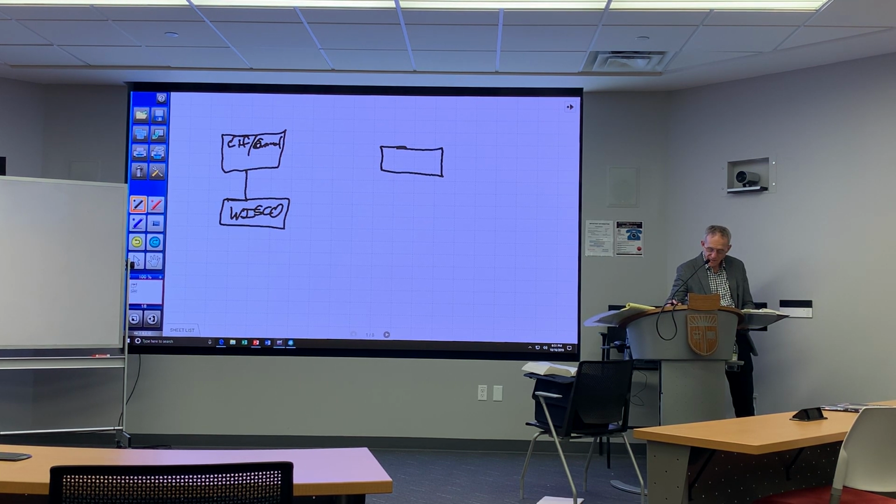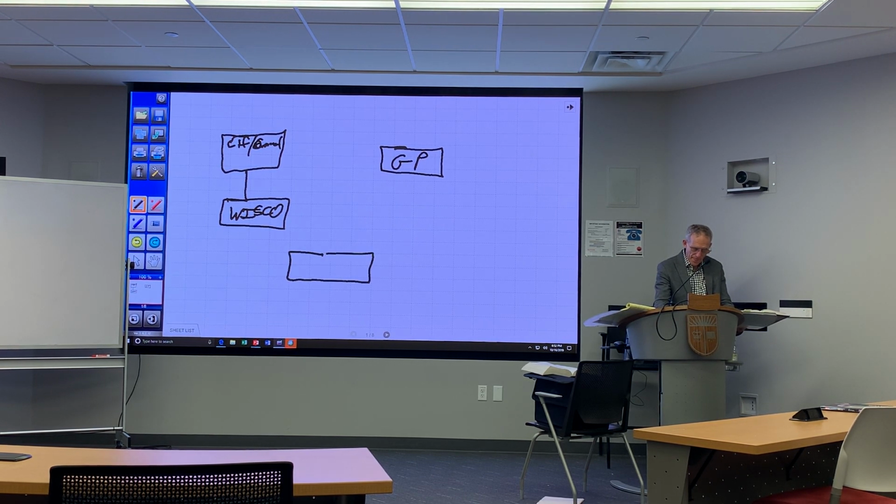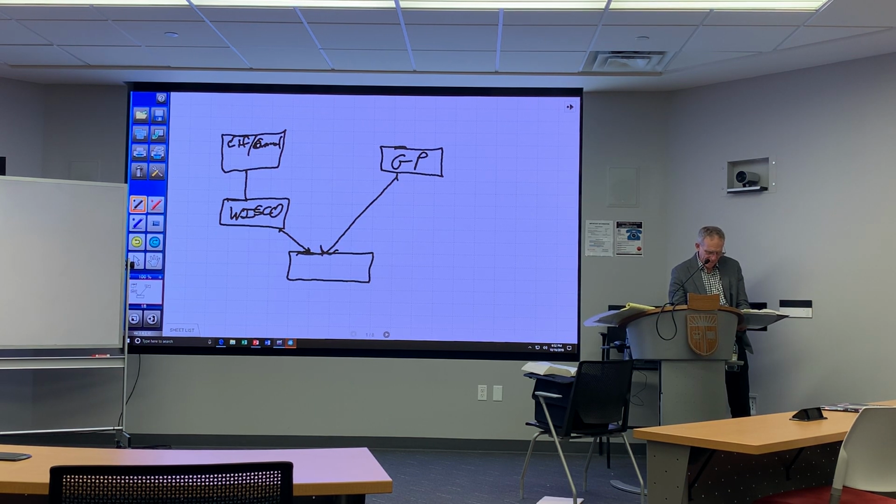And Georgia Pacific wanted Wisco. Georgia Pacific wanted the assets, at least, of Wisco. And what ends up happening here is that these two enterprises form a partnership. Wisco contributes all of its assets. I just drew a little.